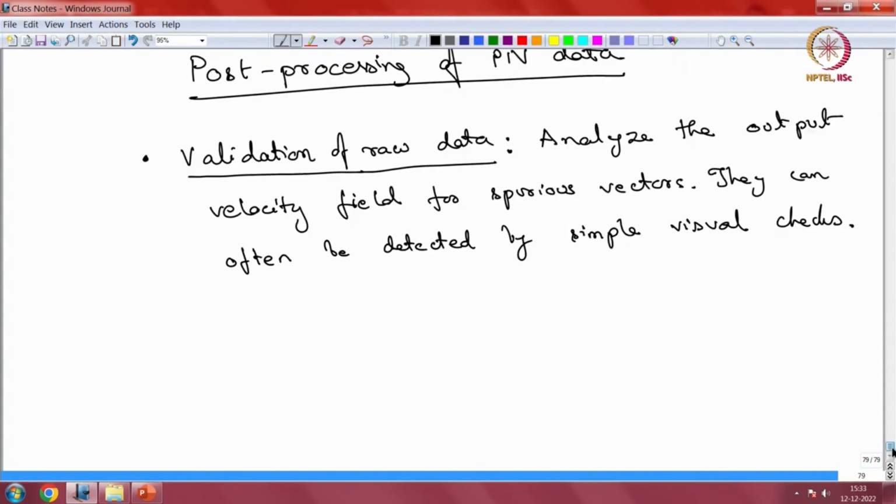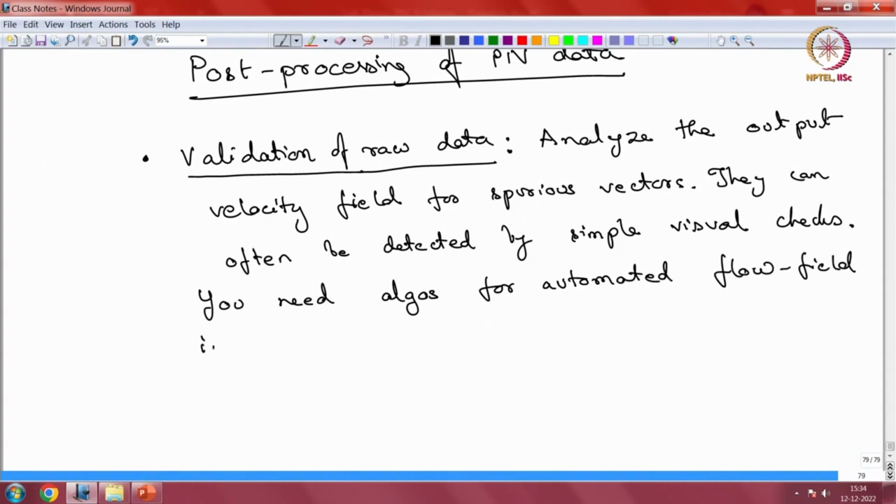However, even though sometimes visual checks can be done, you do need algorithms, which will detect these things automatically. So you need algos. Algos stands for algorithms for automated flow field inspection and detection of spurious vectors.